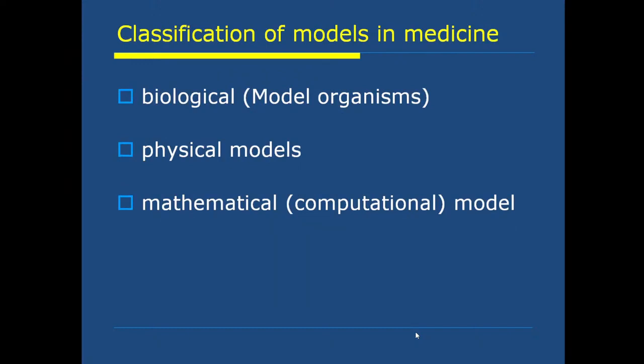There are different types of models which are used in medicine: biological models or model organisms, physical models, and mathematical or computational models.